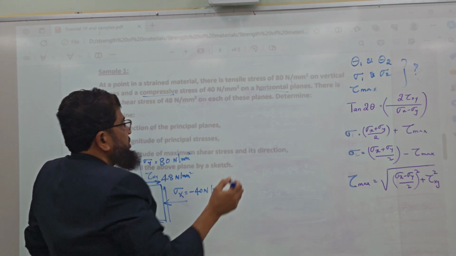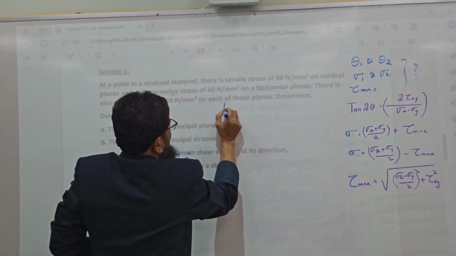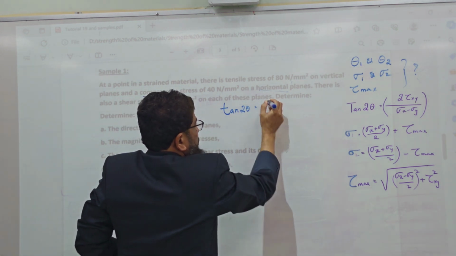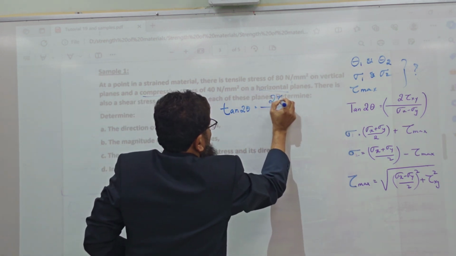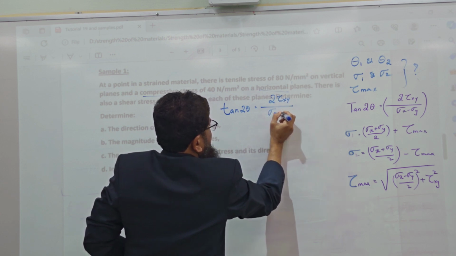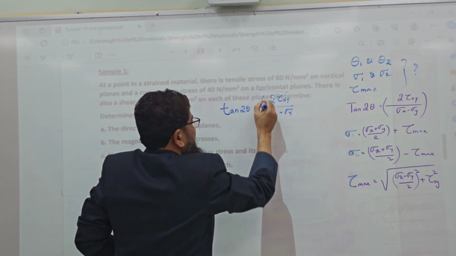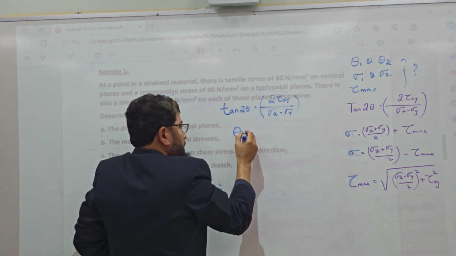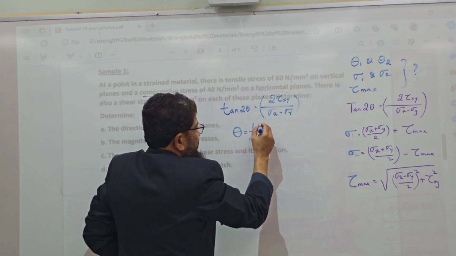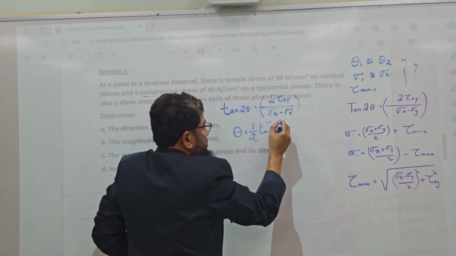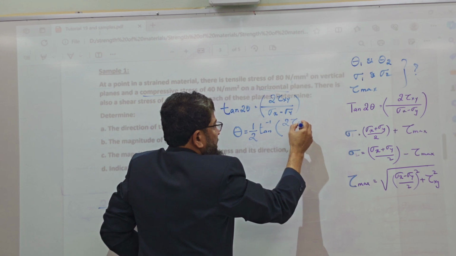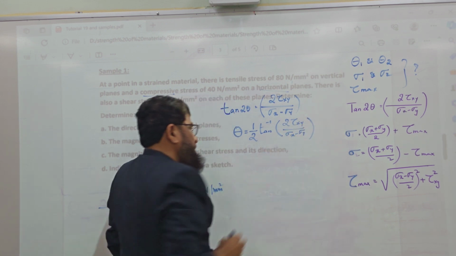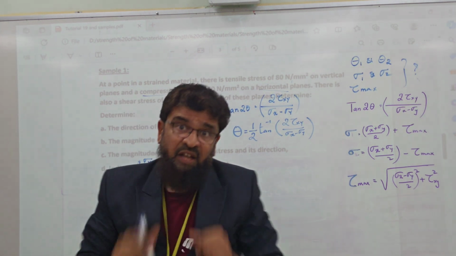Let's just do it. So what shall I do? Tan of 2 theta is equal to 2 tau xy by sigma x minus sigma y. So 2 theta will become what? So theta will become what? Half tan inverse of 2 tau xy by sigma x minus sigma y. Now while substituting the values, be careful, okay?